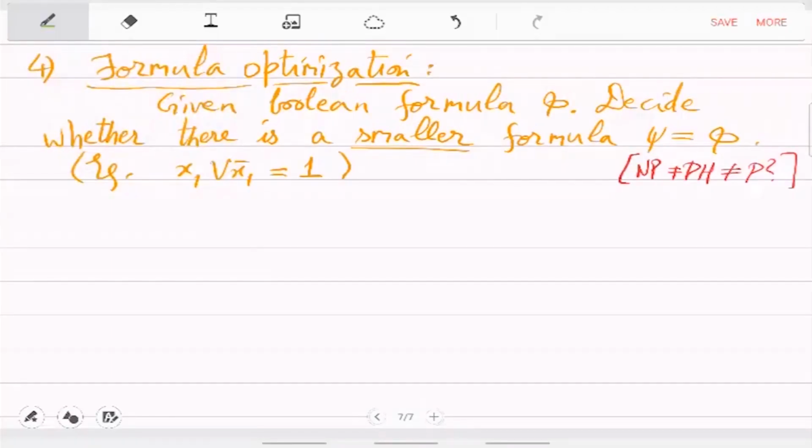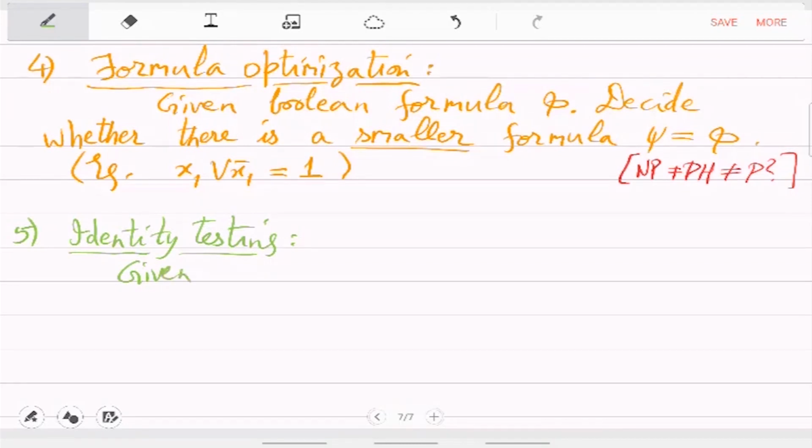Fifth is the question of identity testing. This will be an interesting one because the only fast algorithm we know for this is randomized. This will be an application of randomness. So what's the question?